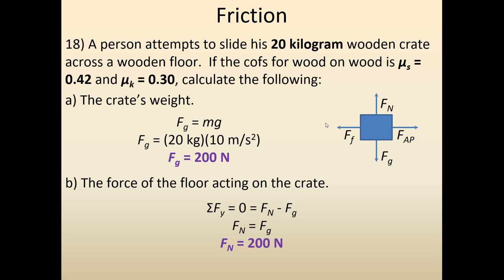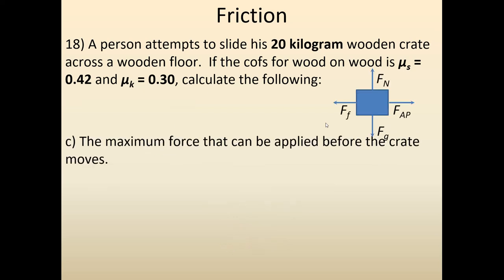If you go straight to Fn equals Fg, there's a good chance that you might end up losing points for not explicitly saying sum of the forces equals 0, the thing that led you to saying that Fn equals Fg. And you might end up making a mistake by accidentally just saying Fn equals Fg when, as we'll see later on, that's not always the case.